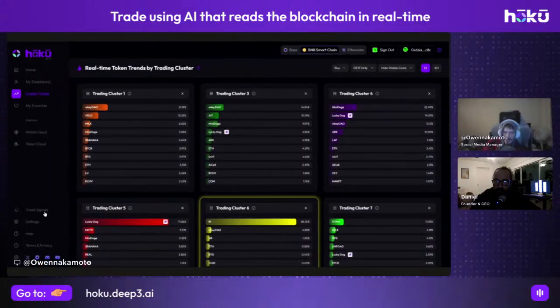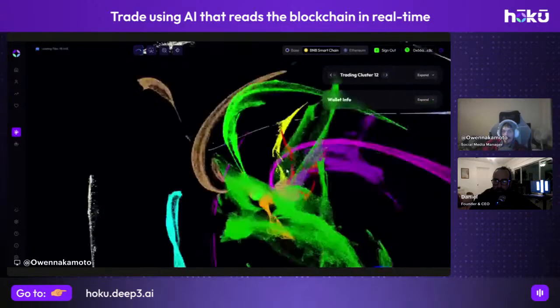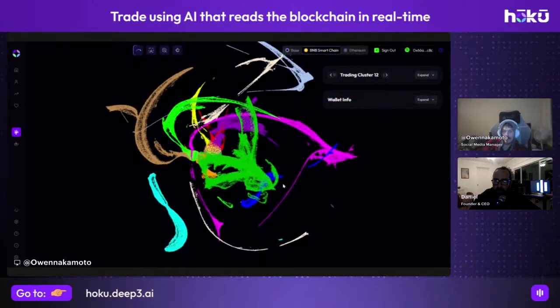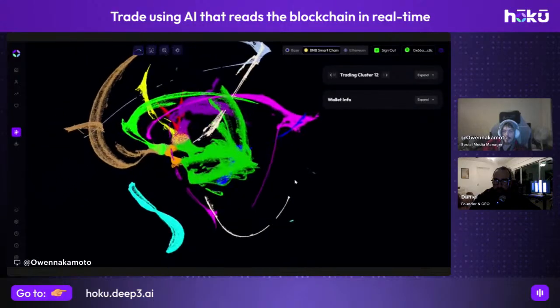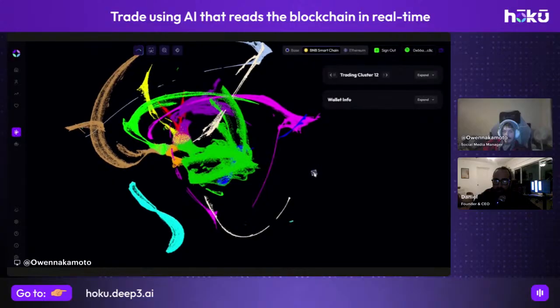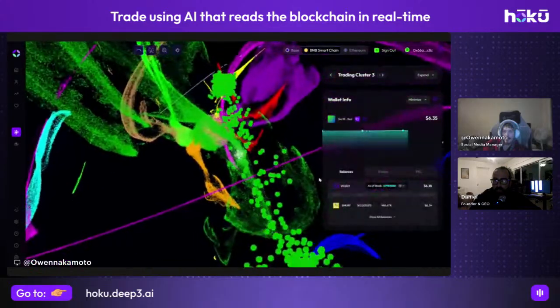I thought there were more clusters than 12. If you go to the wallet cloud, there's more than 12 clusters in this thing. There's no way there's only 12. No, there's 12. So what does that count mean? Very, very good catch though, Owen.